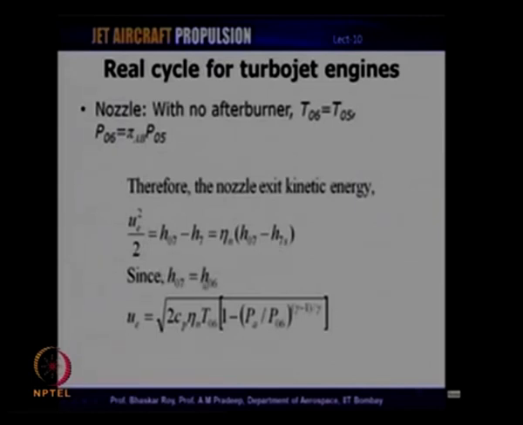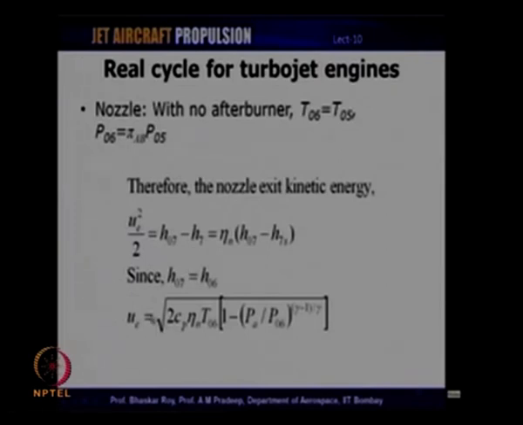Now, since H07 is equal to H06, the exit velocity Vex is equal to the square root of 2 Cp eta n T06 multiplied by 1 minus Pa by P06 raised to gamma minus 1 by gamma. This comes from simplification of the equation that velocity squared by 2 is the efficiency multiplied by H07 minus H7s. So, this again is equal to efficiency into Cp into T07 minus T7s and so on.